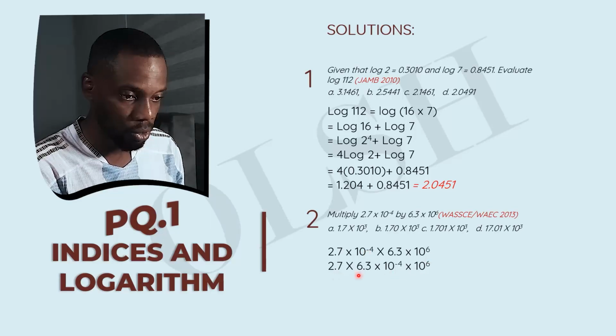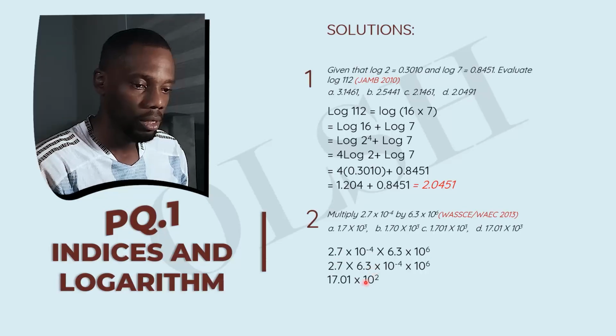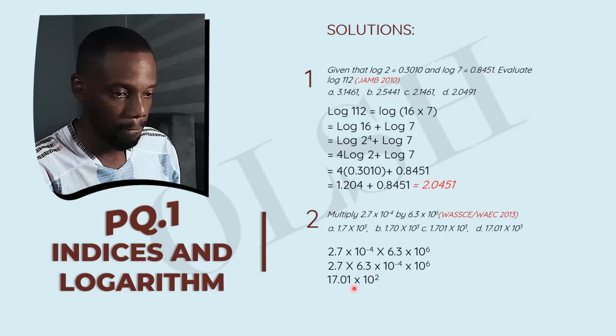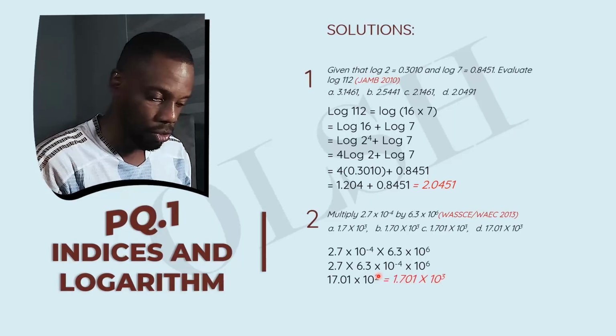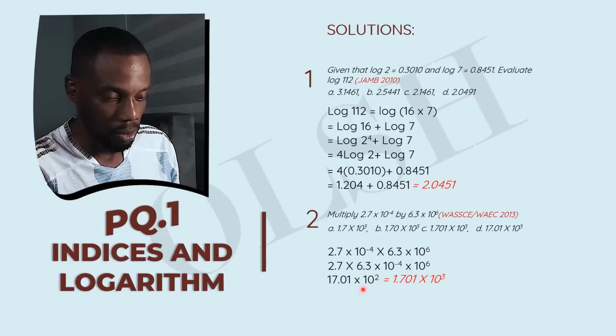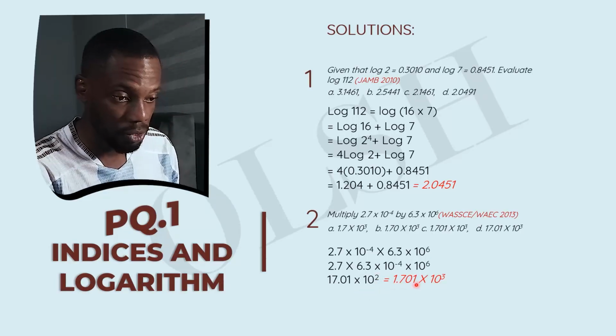We multiply 2.7 times 6.3 and we'll have 17.01, while we multiply 10 raised to the power minus 4 times 10 raised to the power 6, which gives us minus 4 plus 6, and that's 2. So we have 10 raised to the power 2. That's how we got this answer, and of course it's equal to 1.701 times 10 raised to the power 3, if we put this in standard form.